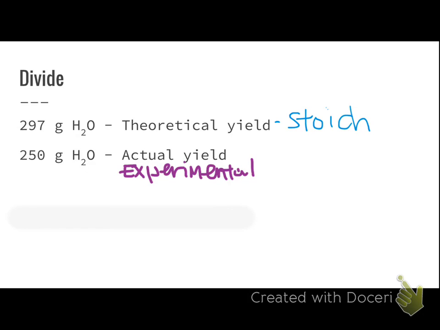So now it's just a simple division. You're going to take your 250, your experimental and actual, and you divide it by the theoretical. When you divide that out and when you multiply out by 100, you get 84%. So we got 84% of the water that we were expected to get.